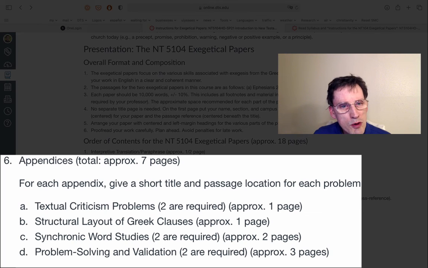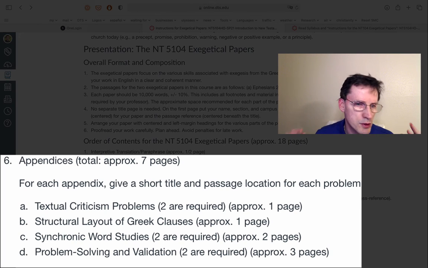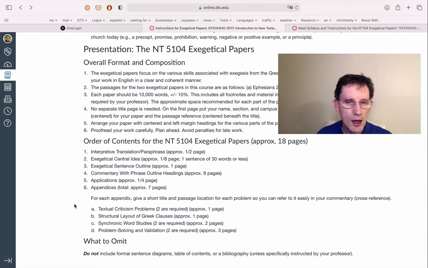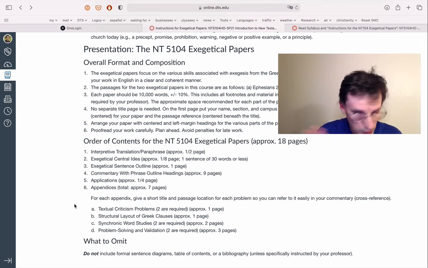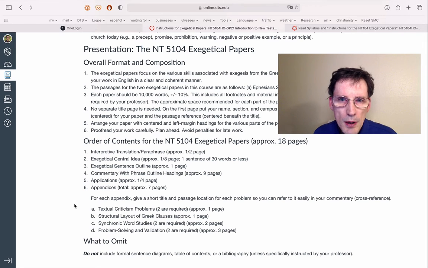So don't include your formal sentence diagrams. No need for a table of contents or a bibliography. It says unless specifically instructed by your professor, don't include a bibliography. And for commentaries, you can just use parenthetical references to the commentaries, the name of the author, and a page number.